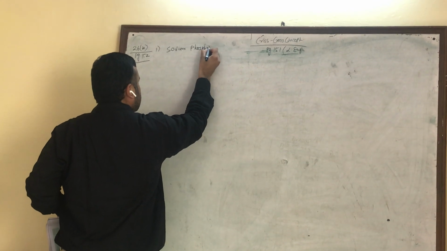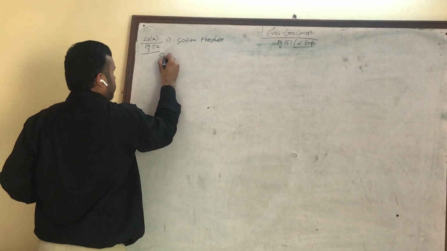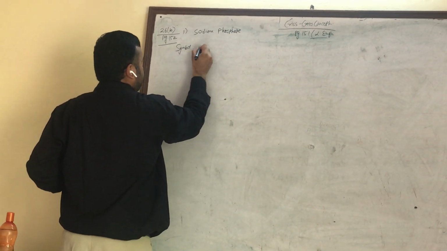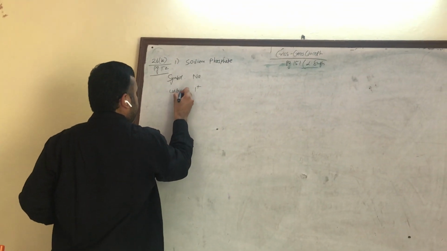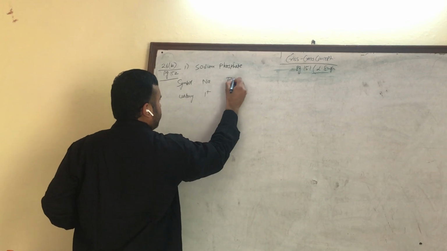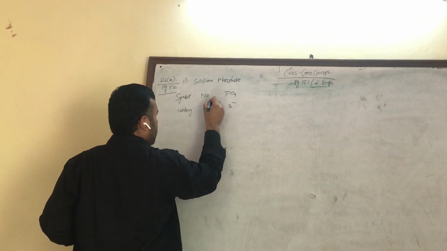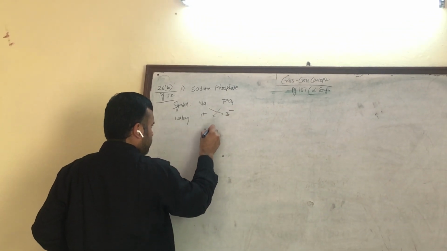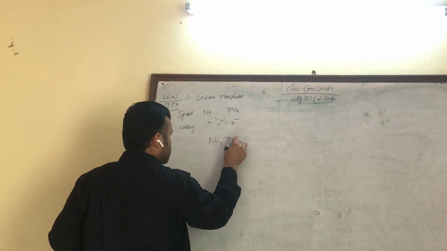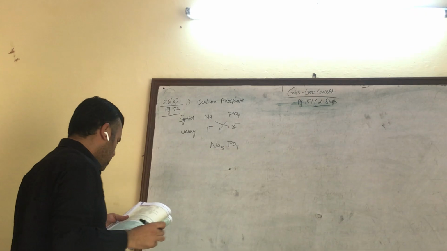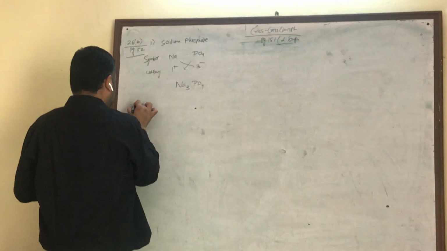Chalo, we'll make the formula side by side. Sodium, symbol is Na, valency is 1 plus. Phosphate, PO4 with valency 3 minus. Crisscross, formula is Na3PO4 of sodium phosphate.